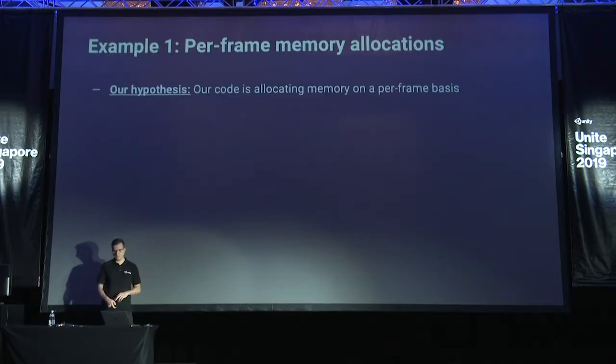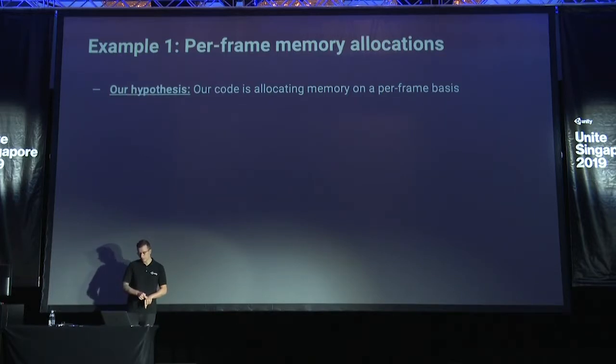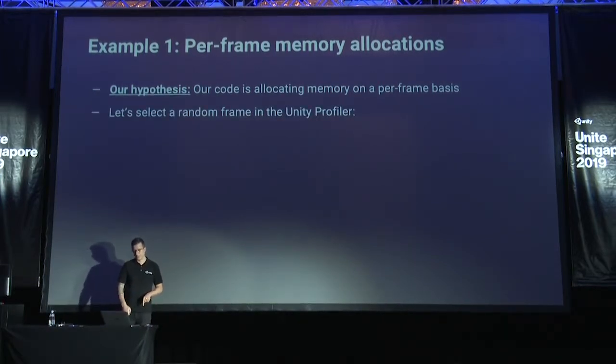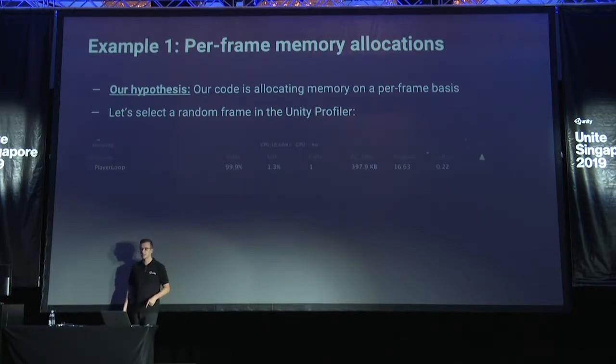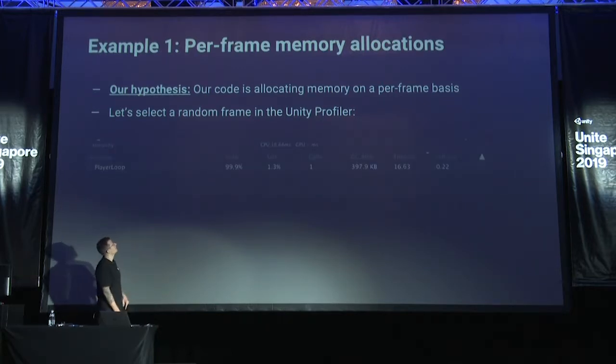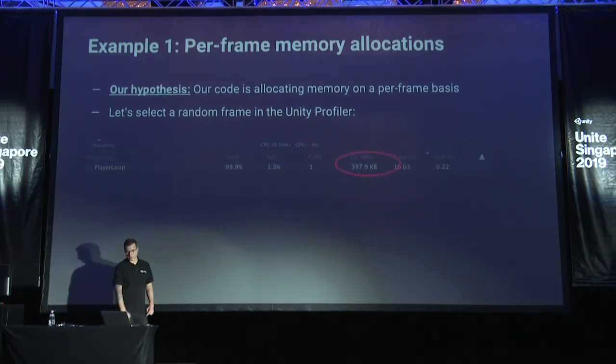So our hypothesis is that we should see what's happening in the later frame. So after 10 frames, what we see is actually that we're allocating again 400 kilobytes.